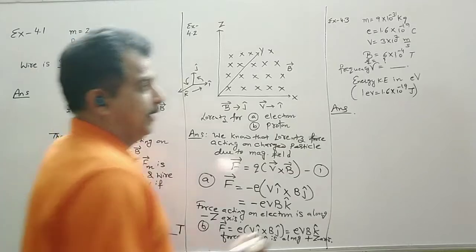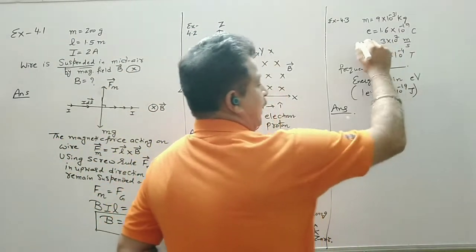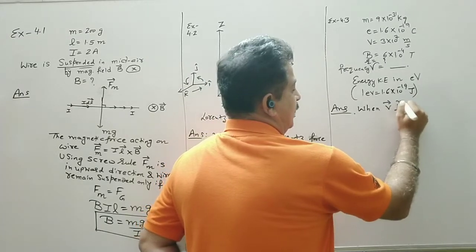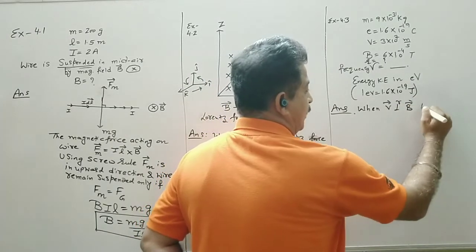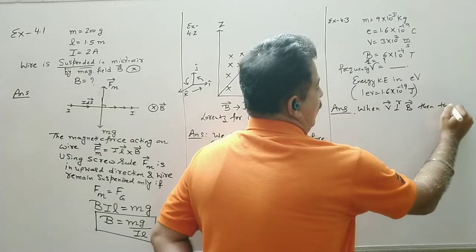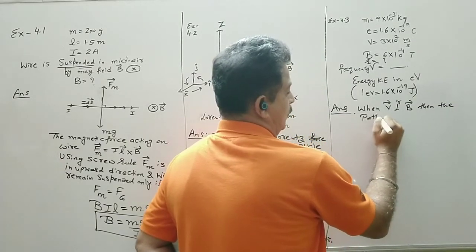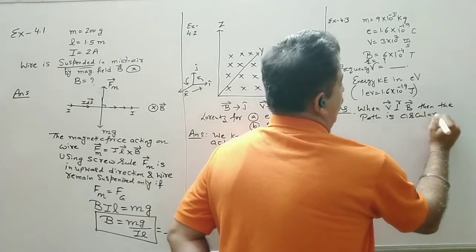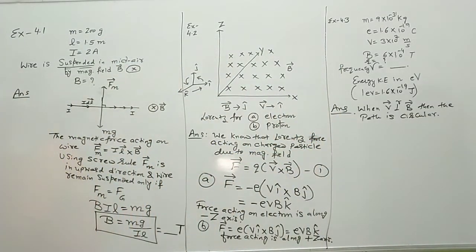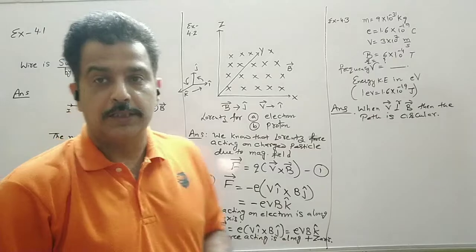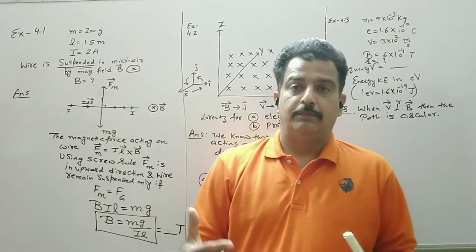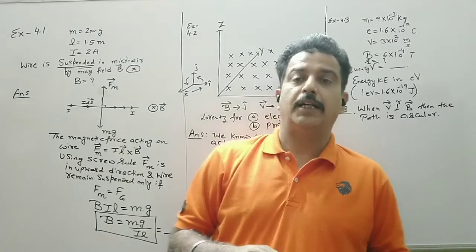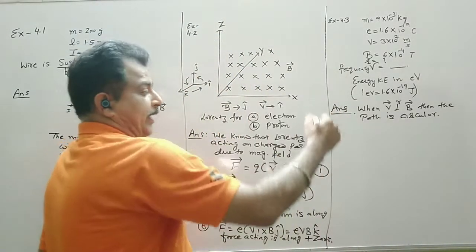So we have studied this, that when V vector is perpendicular to B vector, then the path is circular. And if the path is circular, the necessary centripetal force was provided by the magnetic force.